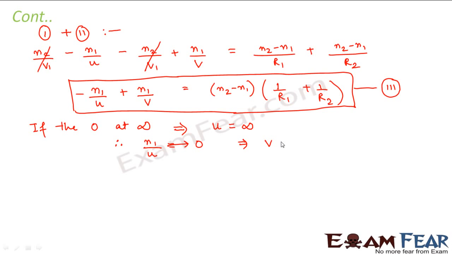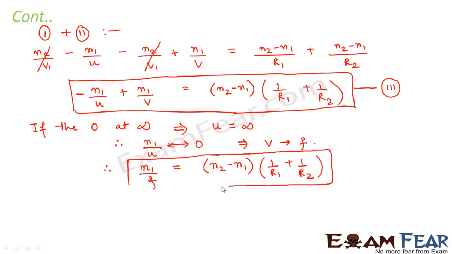If the object is at infinity, the image will be formed at the focal length F. So therefore, V will be equal to F. So in that case, this equation will become N1 by F is equal to N2 minus N1 into 1 by R1 plus 1 by R2. This would be the expression when the object is at infinity. So let us call this equation 4.